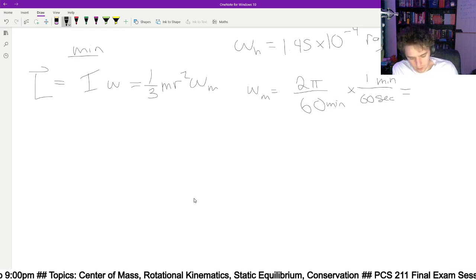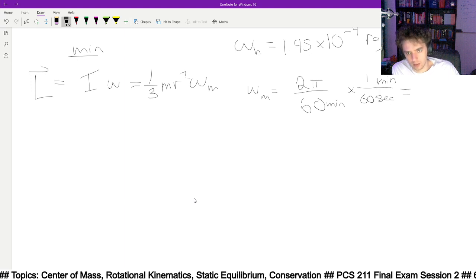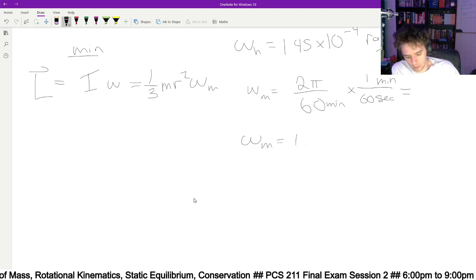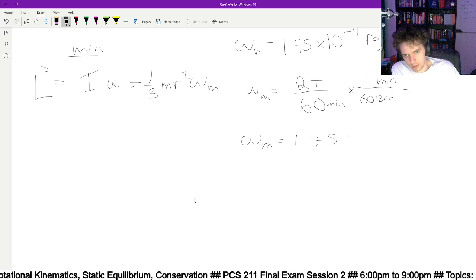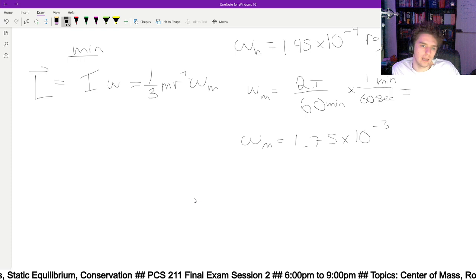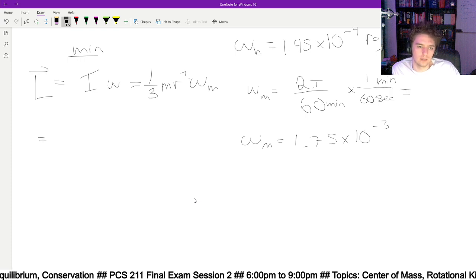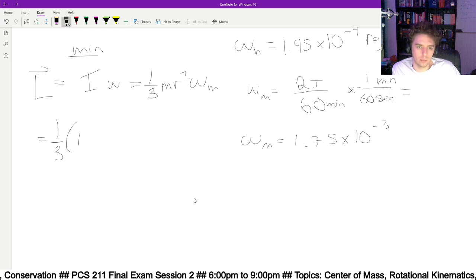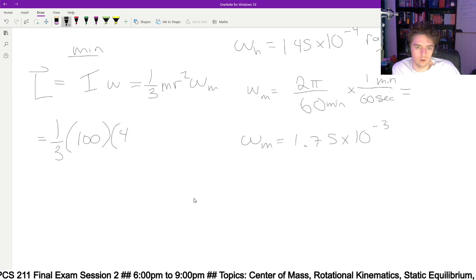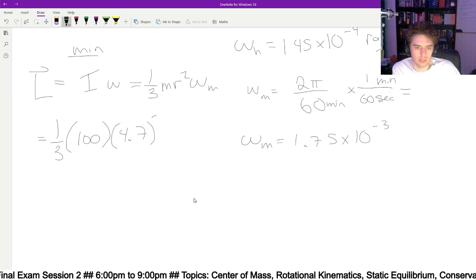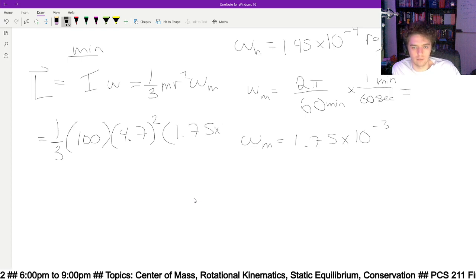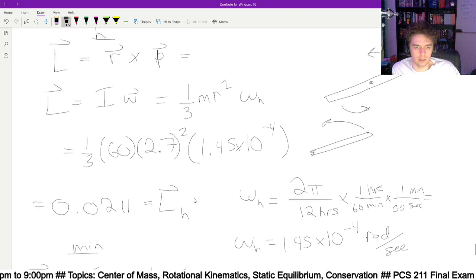So I got omega m is 1.75 times 10 to the negative 3. And now I just plug that into this. So 1/3 m is 100, r is 4.7, I think it was. I'll check that in a second. And this was 1.75 times 10 to the negative 3.